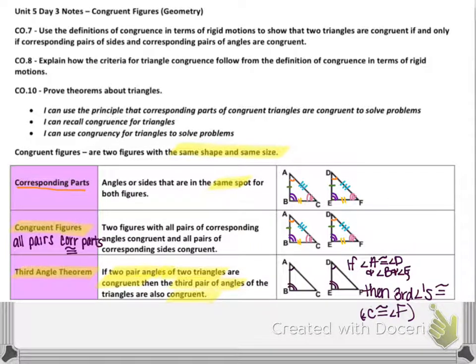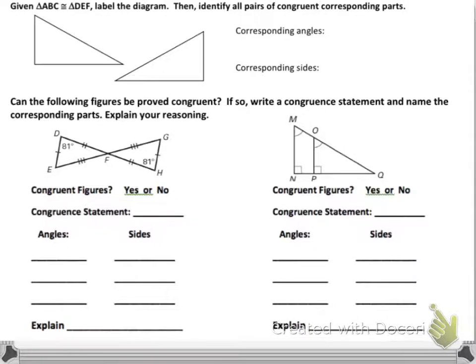Okay, moving on. Given triangle ABC is congruent to triangle DEF, label the diagram, find the corresponding parts. Alright, so this right here, I'm just going to highlight it for just a second. This right here is called a congruent statement. It can tell us a whole bunch.